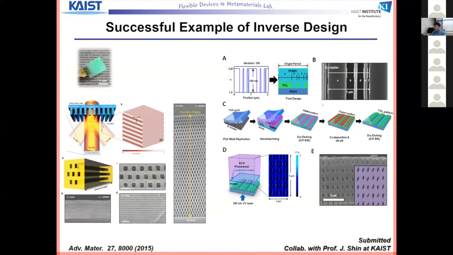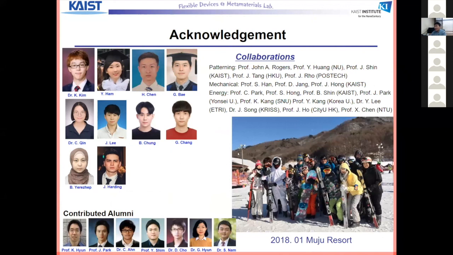But using the new auto-join method and inverse algorithm, this type of mask we never expected to show a certain 3D structure, but we successfully made this straight line new patterning capability. So with that, I think our center will keep prospering. And finally, I want to acknowledge and thank my students and former students, and we are still collaborating together. Thank you for listening.